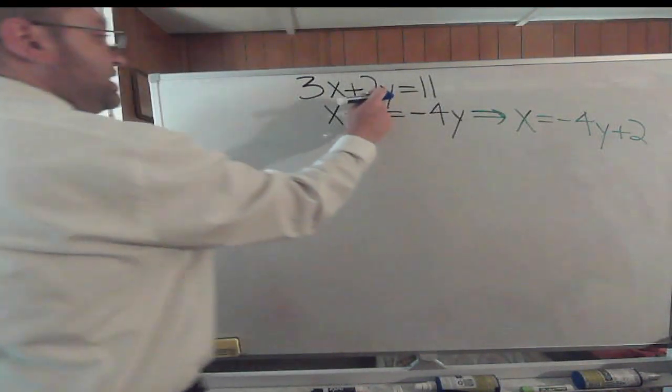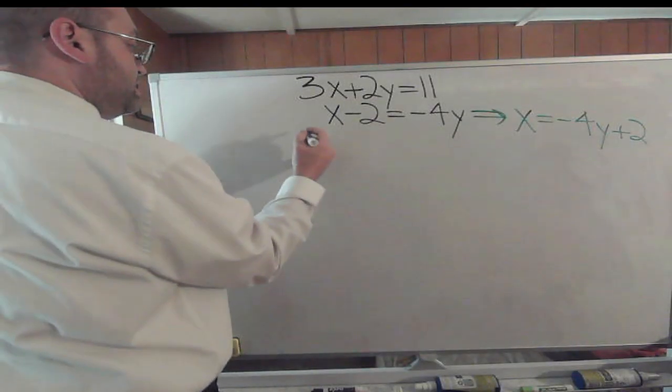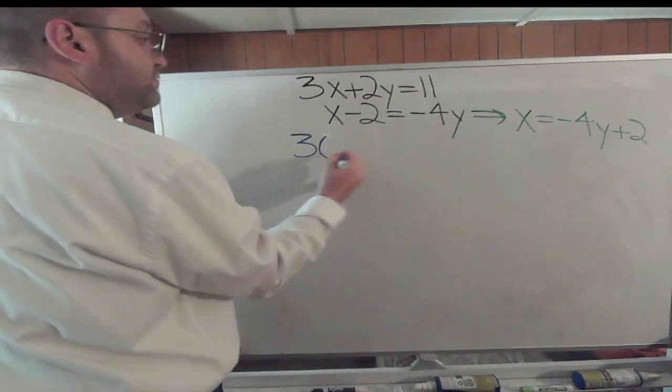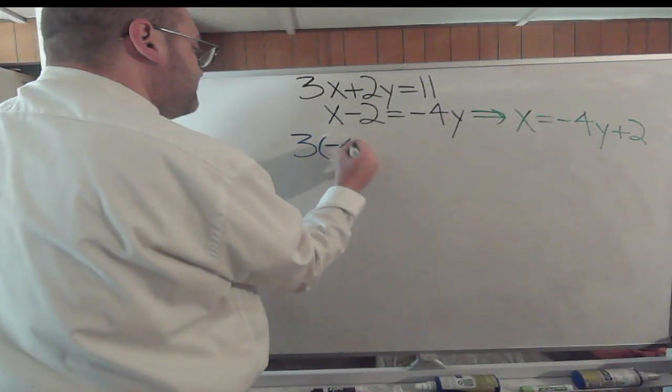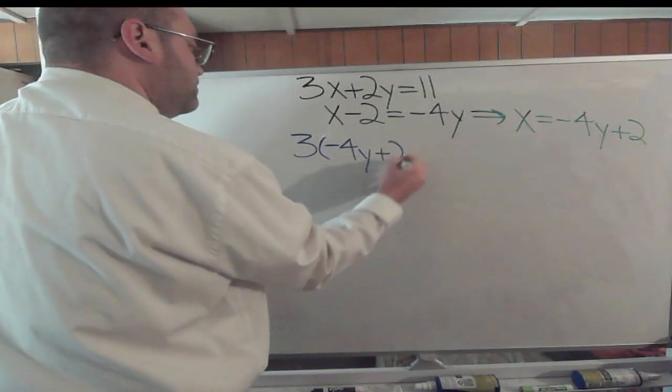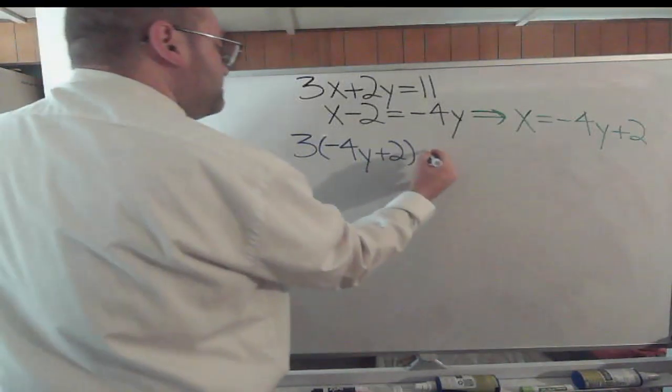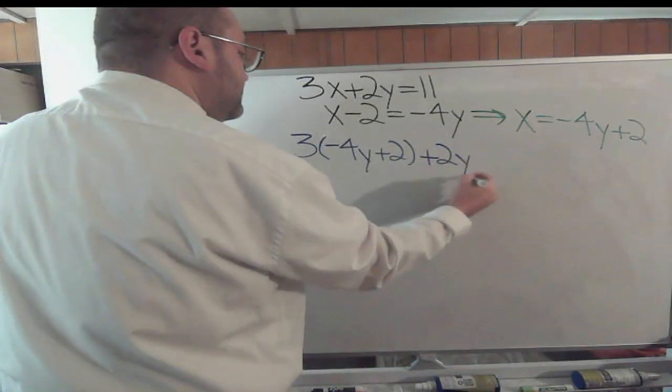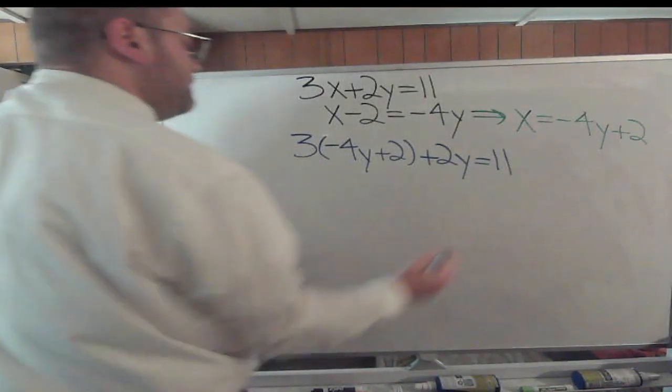Now you just need to put that into the first equation. So you'll take 3 times your value of x, which was -4y plus 2, plus your 2y, set that equal to 11.